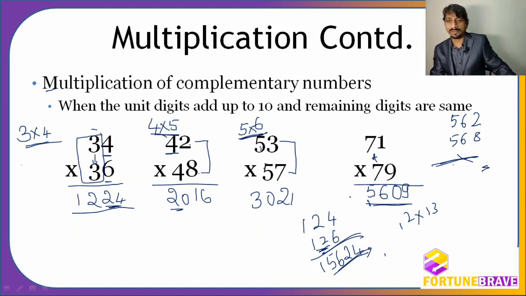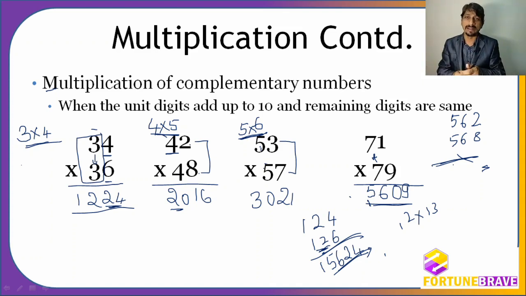Okay. So in this video, we have learned this much. In the next video, I am going to tell you the general method for all other multiplications. Whatever we have done is numbers near 100, that is 85 to 115, and then complementary numbers.